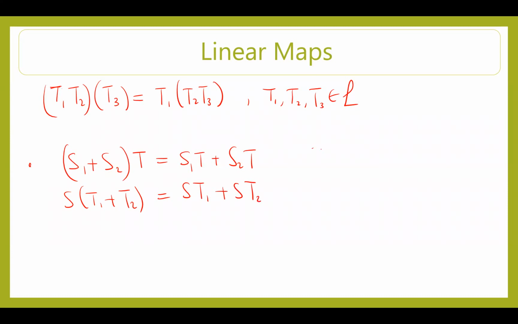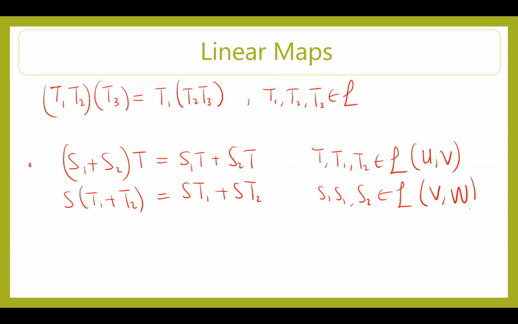In this case, T1 and T2 will be linear transformations from U to V, and S1, S2, in order to make sense, will be from V to W. But in this first property, you have to choose the domain such that this product makes sense. Very, very important.